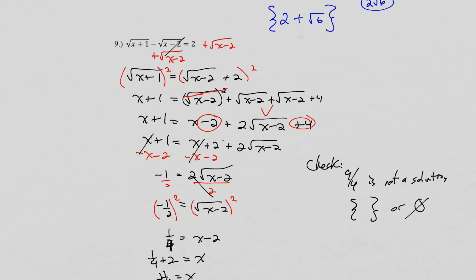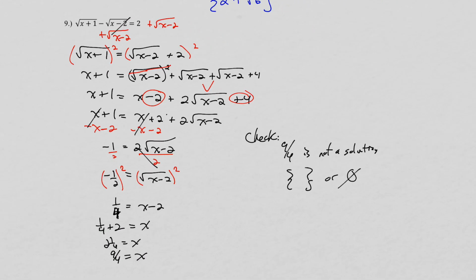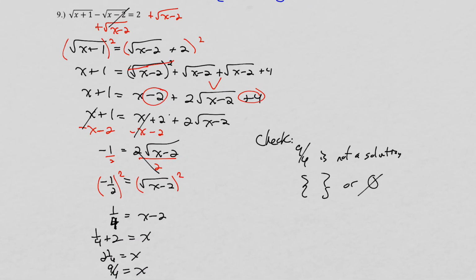And number 9 is no solution. Okay, no solution, because after we did all this work, we ended up getting this negative 1 right here. And a radical really can't equal negative 1.